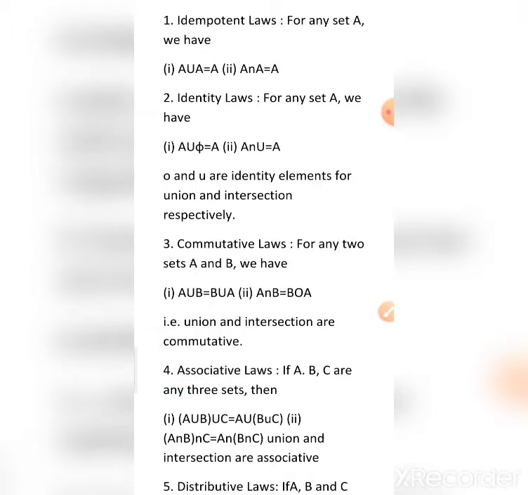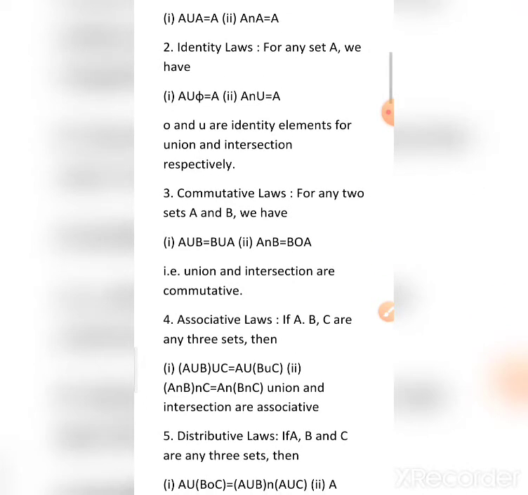Phi is the identity for union: adding phi to any set gives the same set. Also U is an identity: taking any set's intersection with U gives the same set, so U is the multiplicative identity, similarly for intersection.